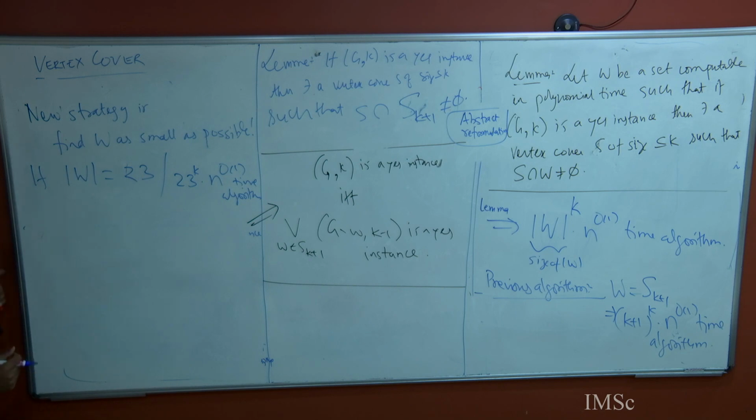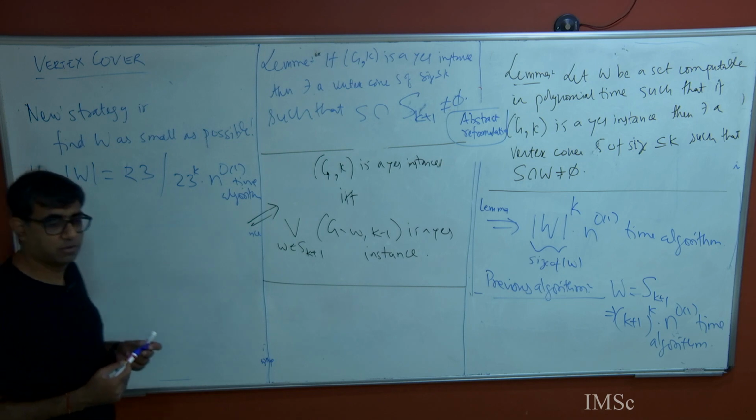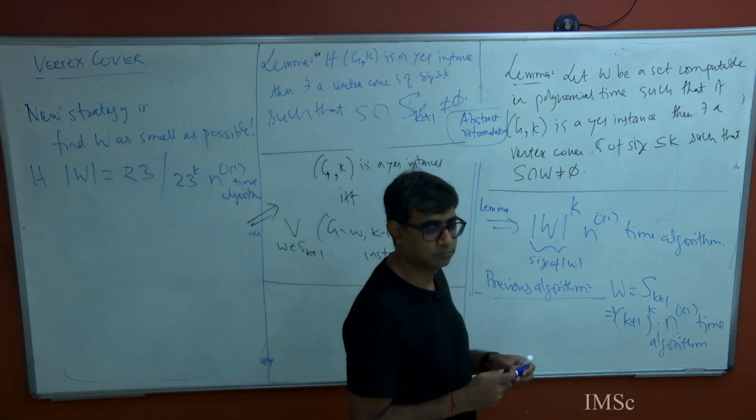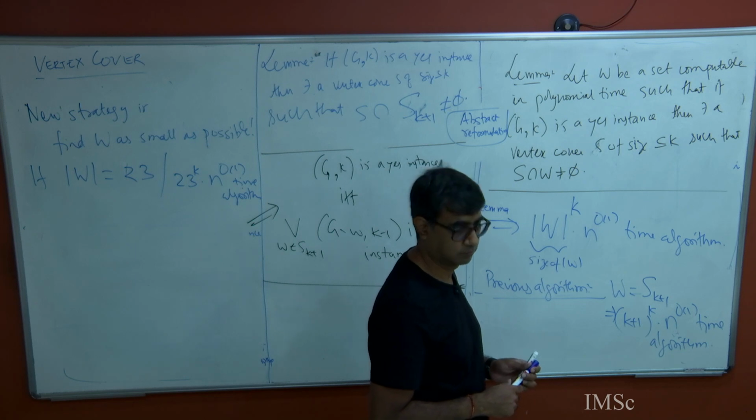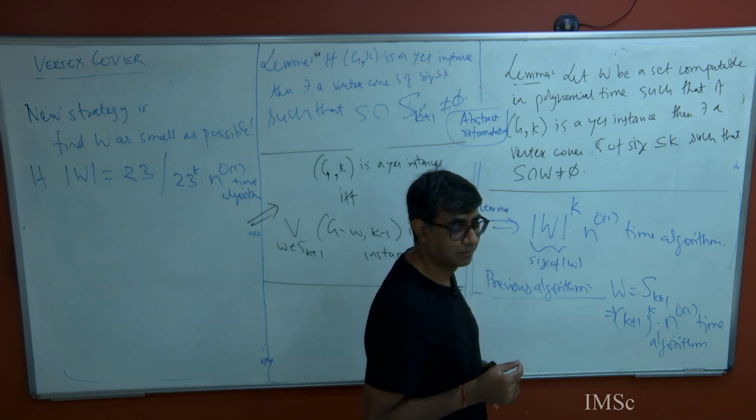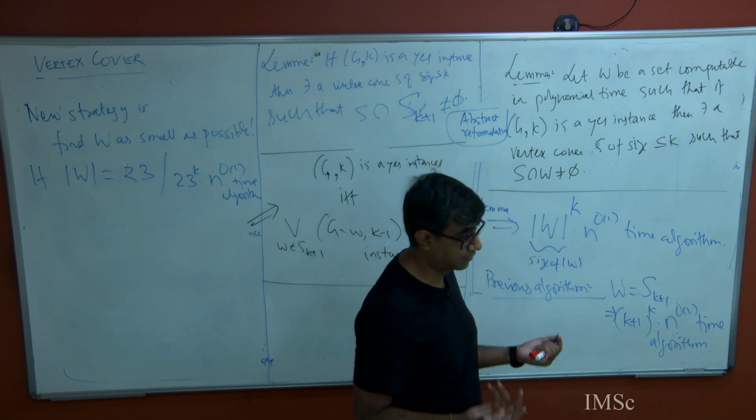Now, many of you of course know many of these things. Can you come up with a small W? By the definition of vertex cover, for every edge, one of the vertices must be in the vertex cover. So what is W then? If we pick an edge and pick its two vertices as W. Exactly.